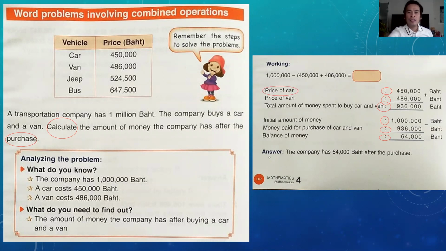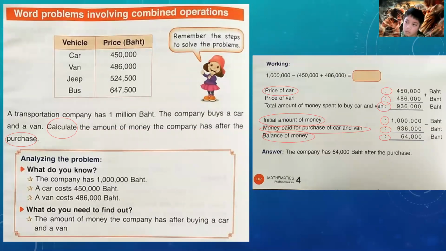It's not, the transportation has 1 million baht. It's like you can say the original amount of money or the initial amount of money and then colon. Then money paid for purchase of car and van, and then colon. Balance of money and then colon. You don't say anymore the amount of money the company has after the purchase is 64,000 baht and then full stop.